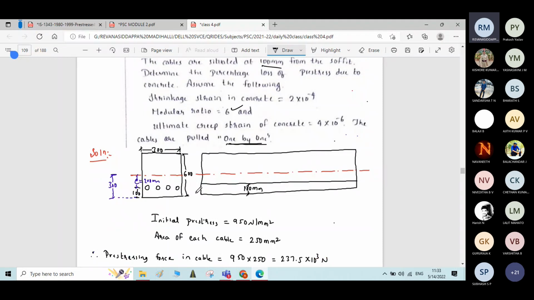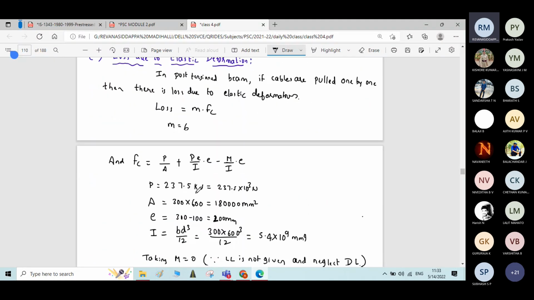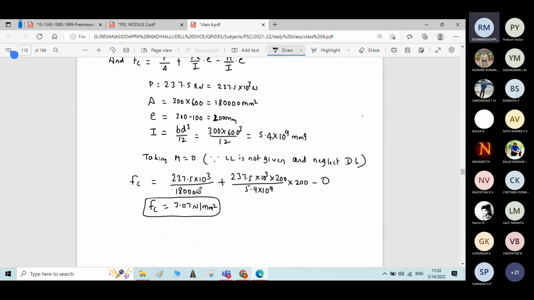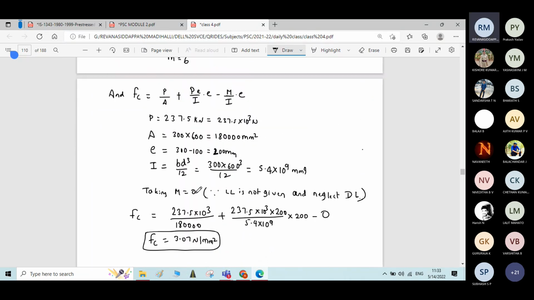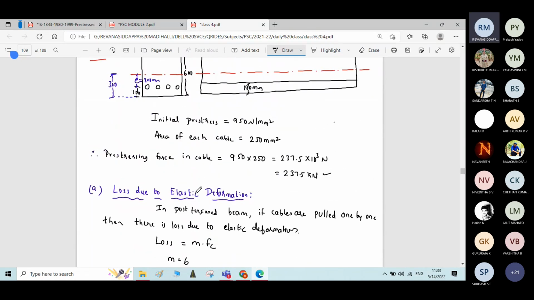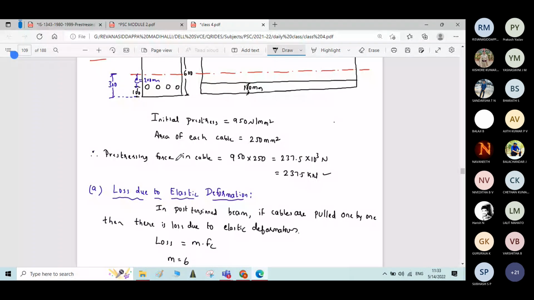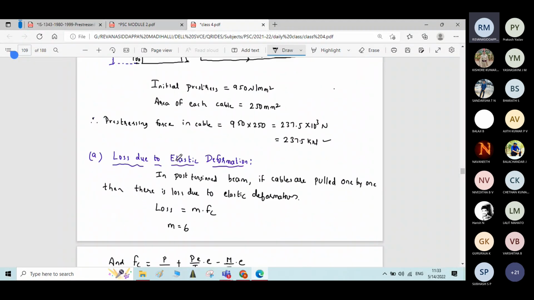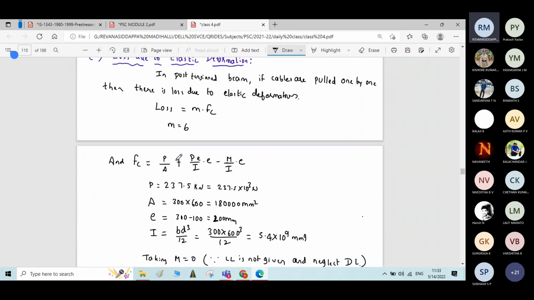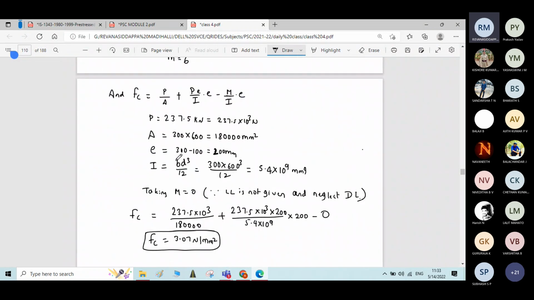If the cables are pulled one by one, you need to calculate the loss of pre-stress due to elastic deformation in each and every cable separately. If the cables are pulled simultaneously, there won't be any loss.